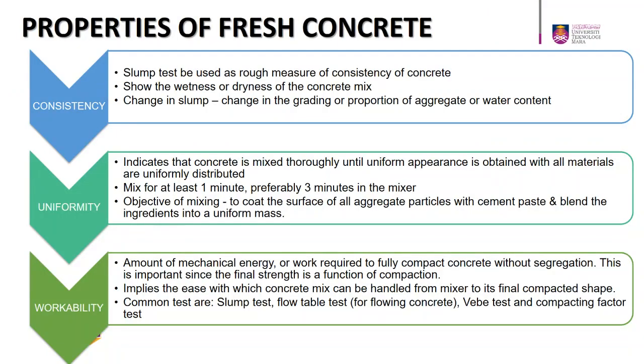We move to the properties of fresh concrete. As I said before, the fresh concrete must have consistency, uniformity, and workability. For the consistency, we use the slump test as a rough measure of consistency of concrete, where it shows the wetness or dryness of the concrete mix, and a change in slump will change the grading or proportion of aggregate or water content.